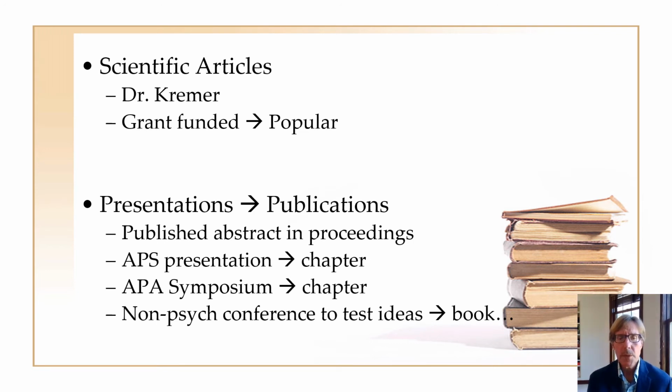Another thing to think about with your writing is about presentations leading to publications. Oftentimes when you've done a presentation, there will be what's called a publication of abstracts of those proceedings. Oftentimes people will segment this in terms of their CVs or their resumes to say, here's my abstract of the proceedings of the National Association of XYZ, and that's perfectly fine to list as a publication.